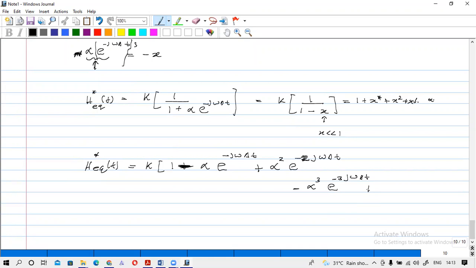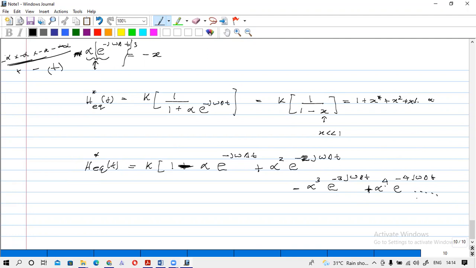And after that you have x to the power 4, that means alpha 4, with a plus value, because minus alpha into minus alpha into minus alpha into minus alpha: for power 2 I have plus, for 3 I have minus, again for 4 I have plus. So I have plus alpha 4 e to the power minus 4j omega delta t.